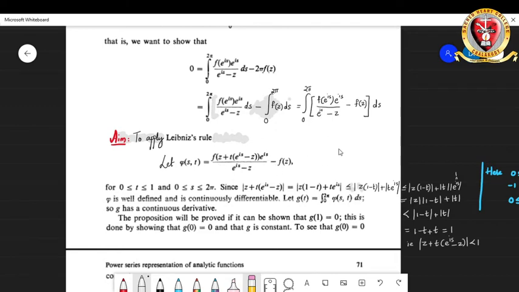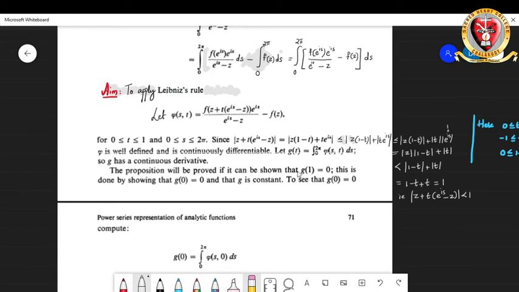So in total, this φ is continuously differentiable, or it is analytic. Now we are going to define g(t) equal to the integral from 0 to 2π of φ(s,t) ds. By the Leibniz rule we know that g is continuous, as well as having a derivative which is continuous, since φ is continuous.